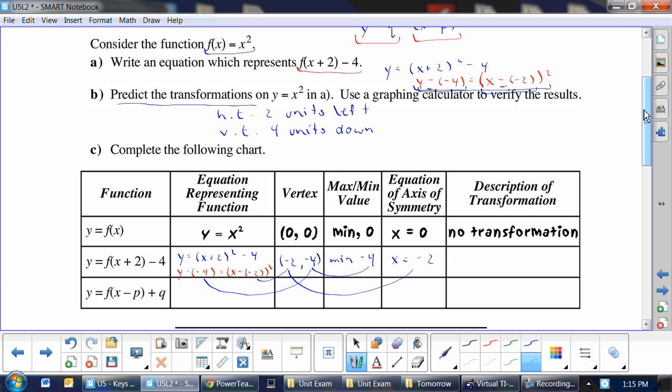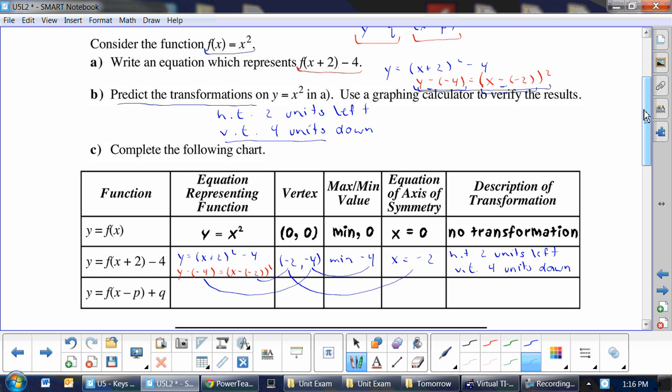And then our transformation is going to be the same as we had up here. So I know it makes more sense when you put it all together in the end.